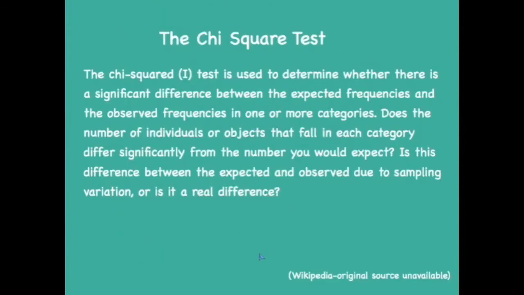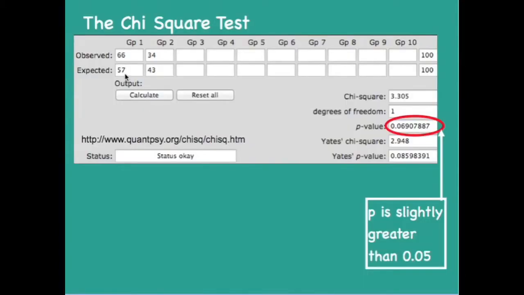To determine whether this change is statistically significant, we employ the chi-squared test. Converting the frequencies into percentages to make the test valid, we also note that because there are two categories of data, there is 1 degree of freedom.